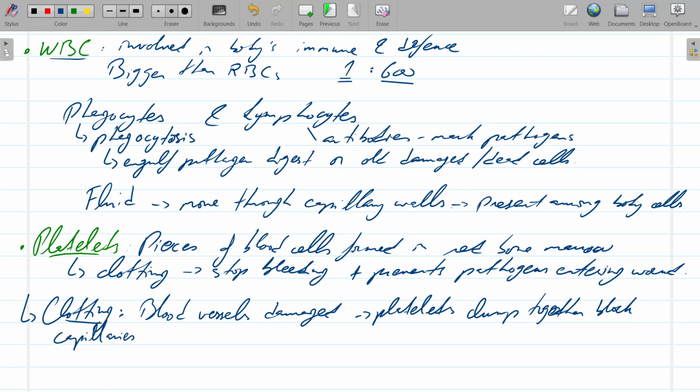So that is the first step of blocking the loss of blood. And then they produce substances that, through a series of enzyme actions, form a soluble plasma protein called fibrinogen. So that is released by the platelets.